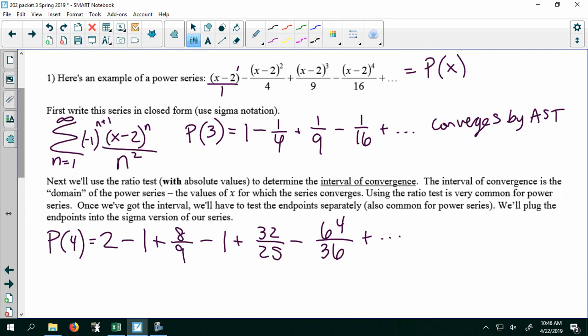Are those terms decreasing towards 0? Which one is bigger, 32/25 or 64/36? 64/36. These terms are not decreasing towards 0, which means that this diverges by the nth test for divergence.